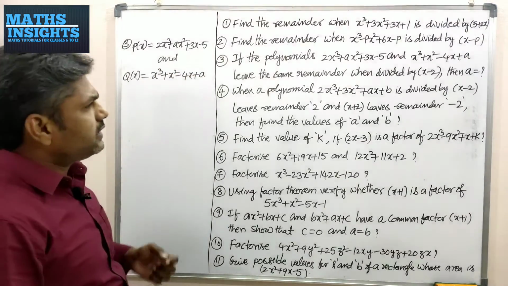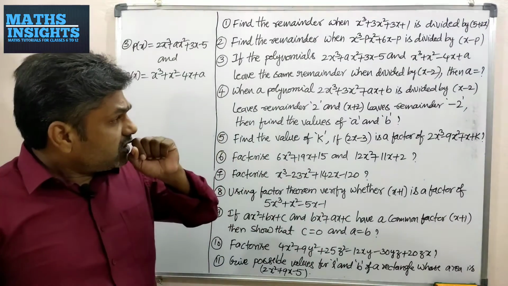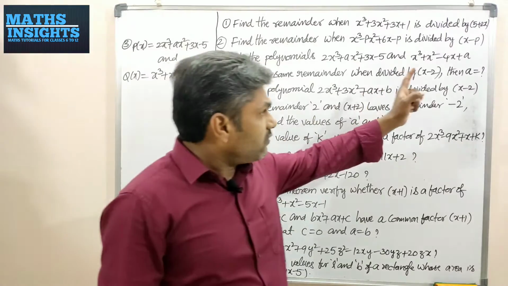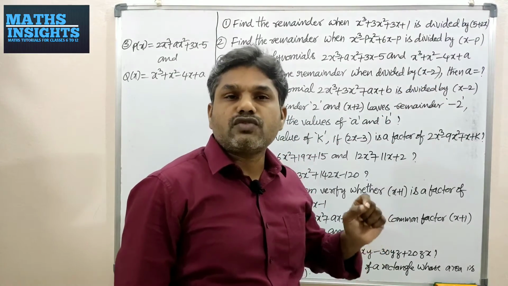After assuming like that, you have to use the remainder theorem and find the remainder when the given polynomials are divided by x minus 2.